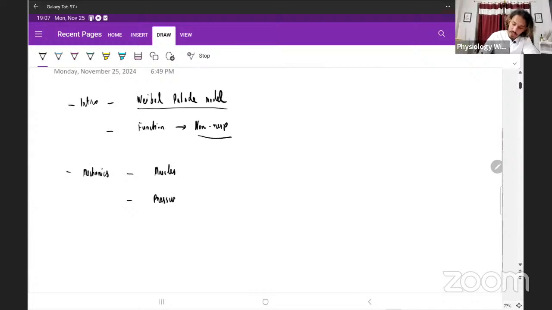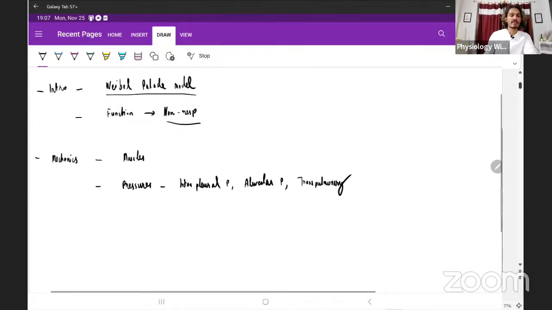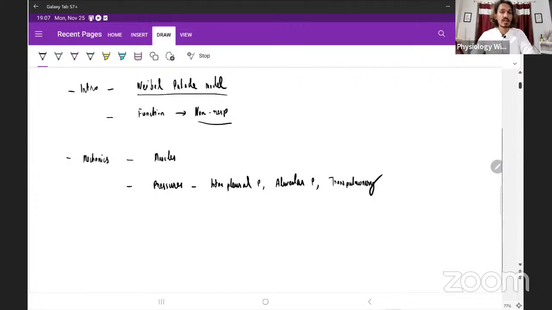The pressures we're going to be talking about will be your intrapleural pressure, then alveolar pressure, and your transpulmonary pressure. There's a diagram that you need to know, a graph sort of thing that you need to learn to draw, because questions come from that, whether it is an MCQ or a simple draw the diagram with explanation like that. Okay, so this is again a very important thing that you need to know.